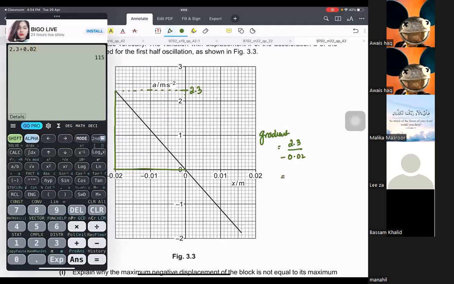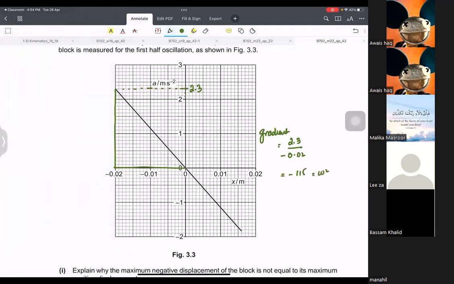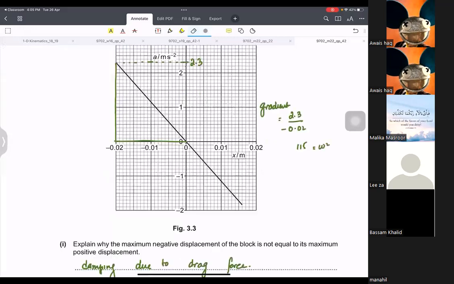So this is minus 115, right? And this should be equal to omega square, I think. But the minus sign doesn't really matter because we found omega square. Fine.